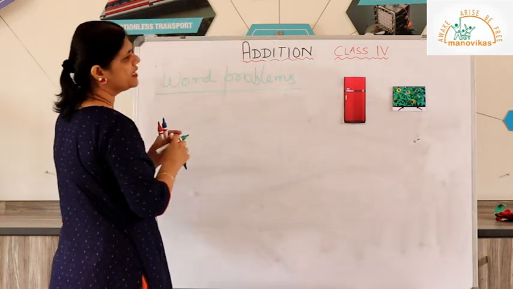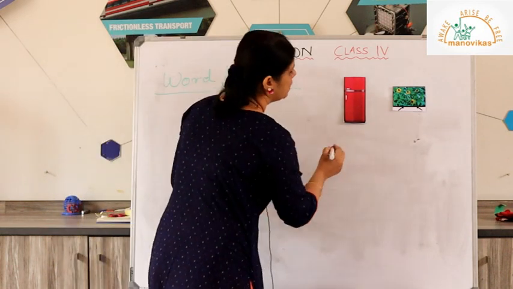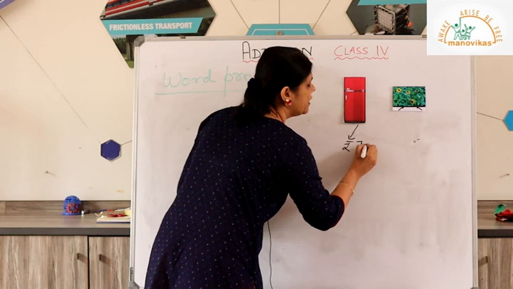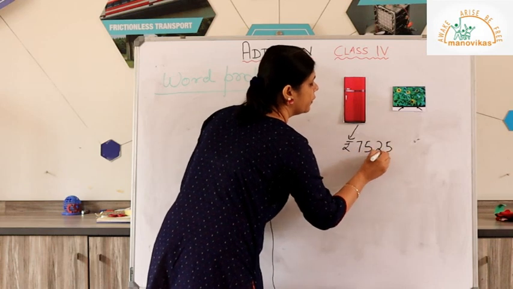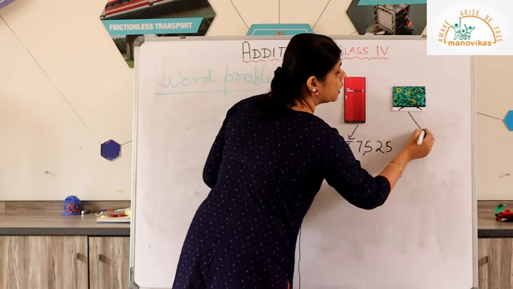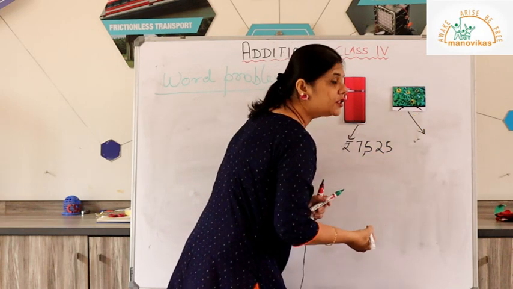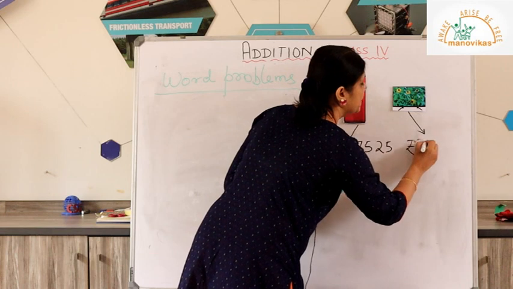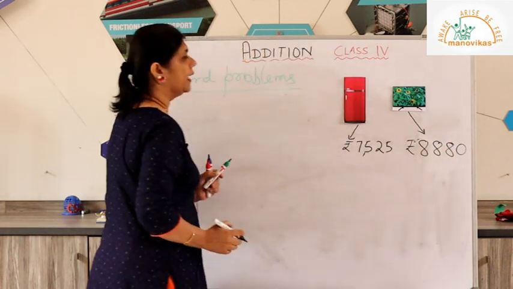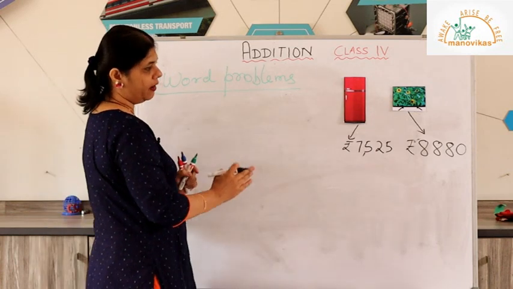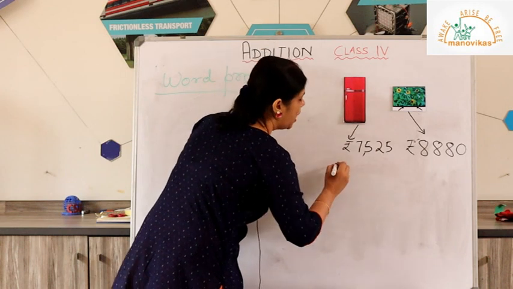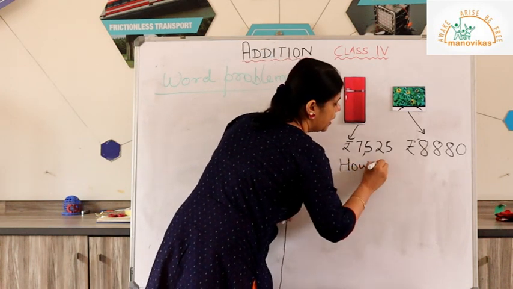Now take the first example. My father brought a refrigerator which cost him rupees 7525. And my father also brought a TV or a television set which cost him rupees 8,880. Now you are told to find how much money did my father spend in all.